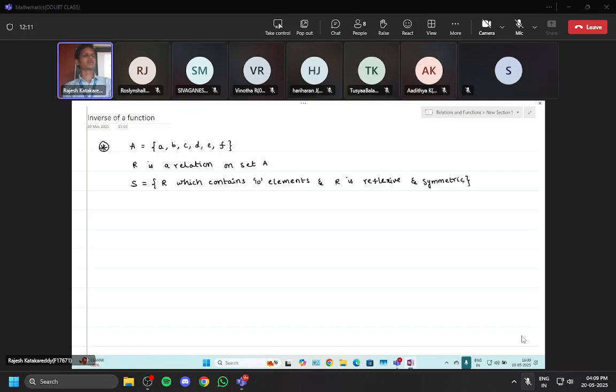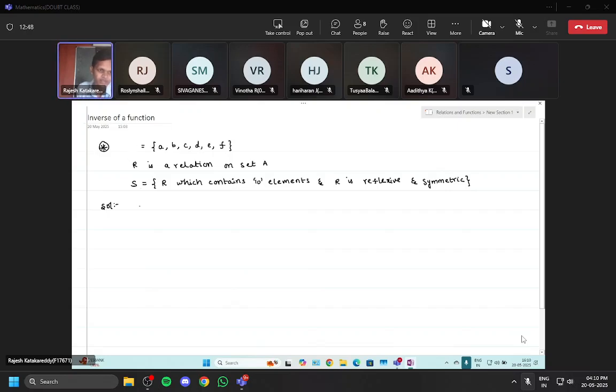Now, going back to the definition of a reflexive relation: a relation R is reflexive if for every a in set A, there should be (a, a) in relation R. So this relation R will be reflexive only if I have (a, a), (b, b), (c, c), and so on, going till (f, f). I am writing the solution here. First I am making the relation R a reflexive relation.